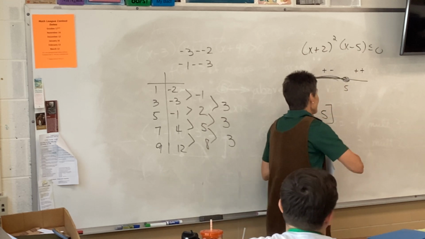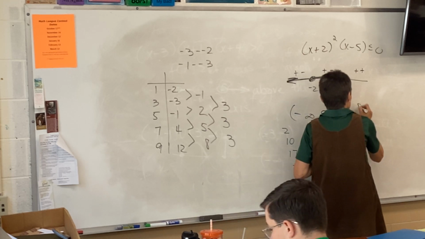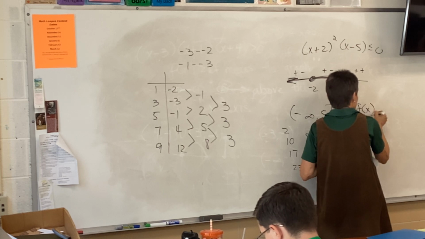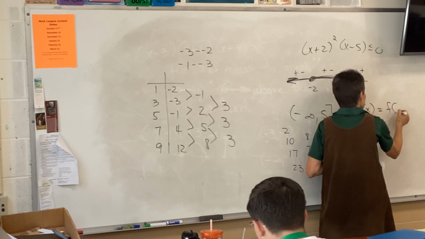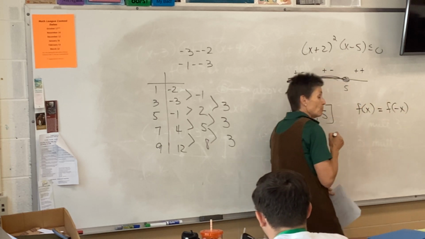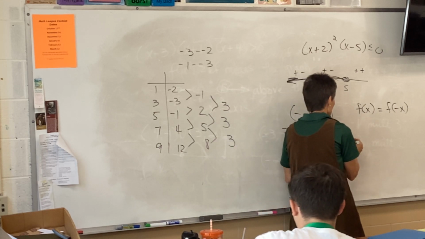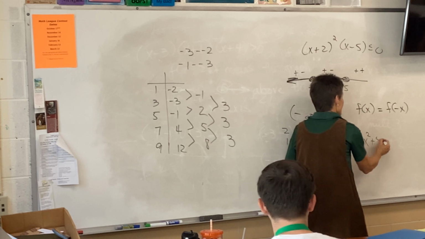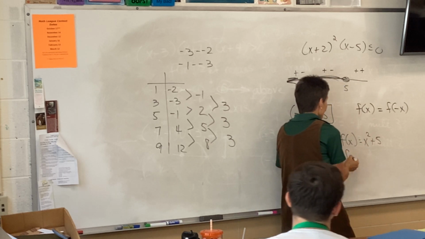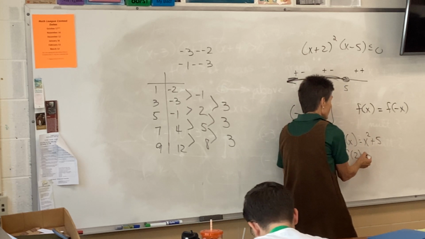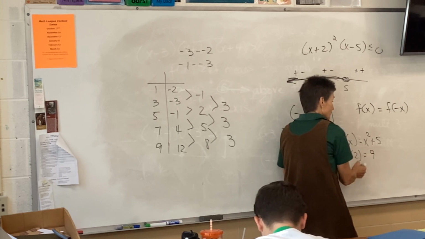To be even means if you plug in a positive number, you're going to get exactly the same thing as when you plug in a negative number. Think about the function x squared plus 5. If I plug in 2, I get 9.